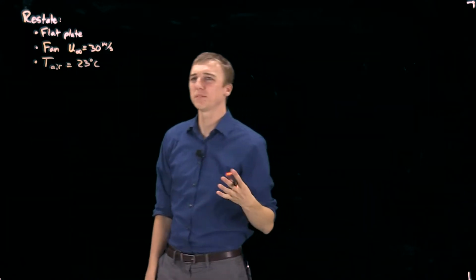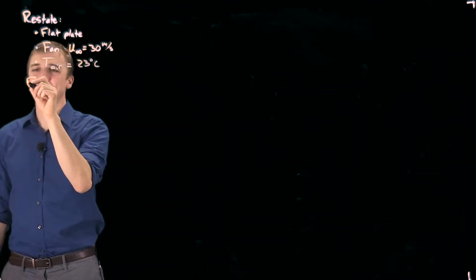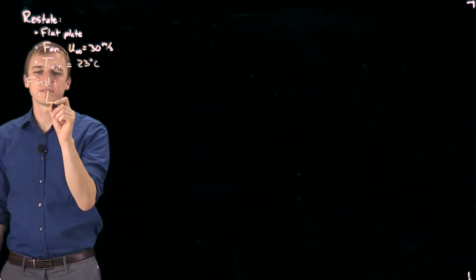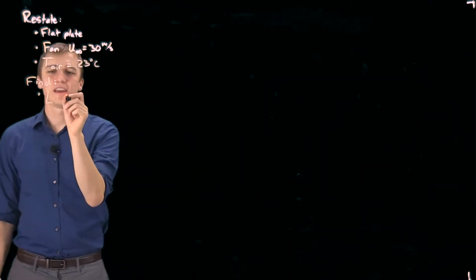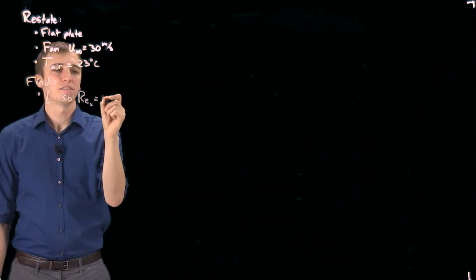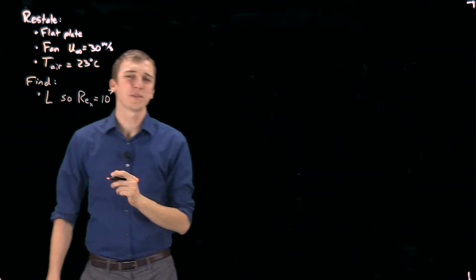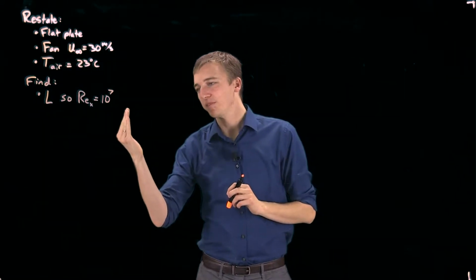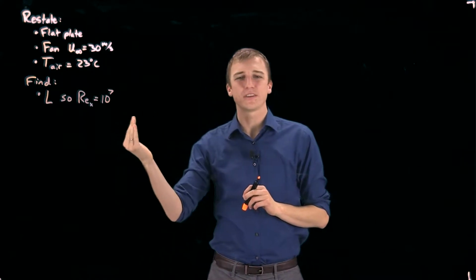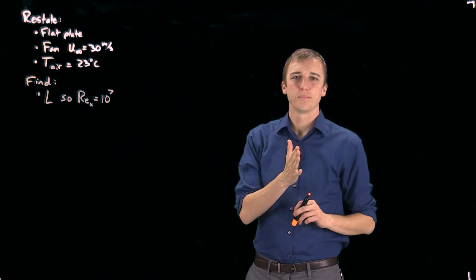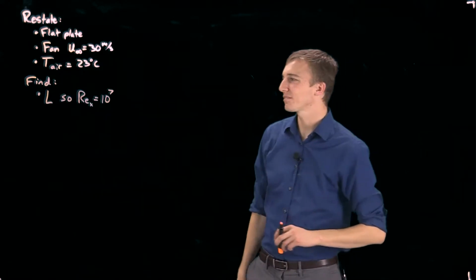As part of the problem, we are asked to find the length of the plate, which we'll call L, in order to achieve a Reynolds number of up to 10 to the 7th power in our experiment. In other words, moving along this plate, remember the Reynolds number increases with x. We need to get to a Reynolds number of 10 to the 7th before the plate runs out.